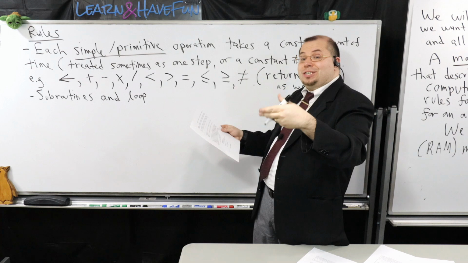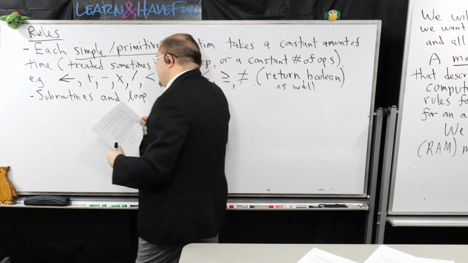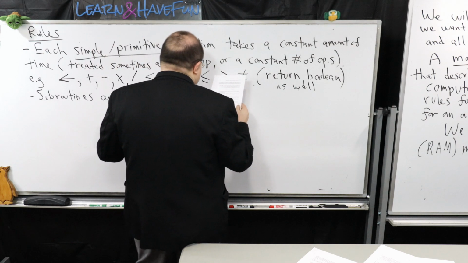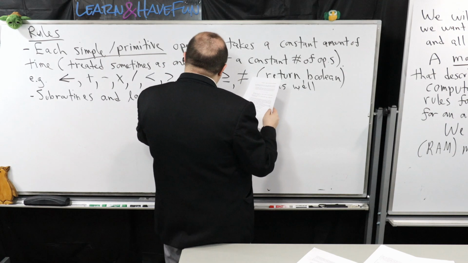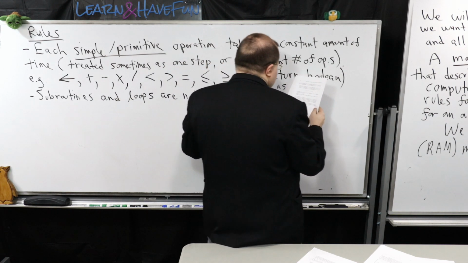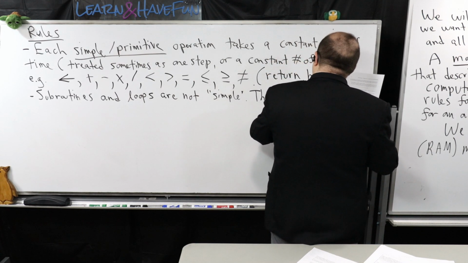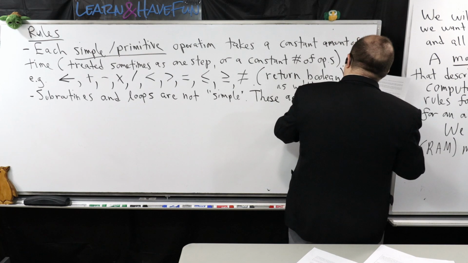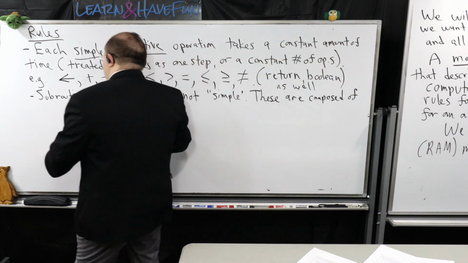We would refer to the function that is helping you solve the problem as a subroutine, as opposed to a routine. And loops are not simple. These are composed of many simple operations.